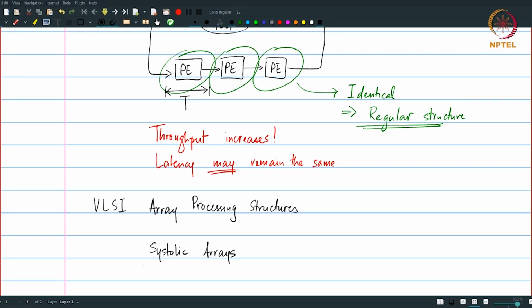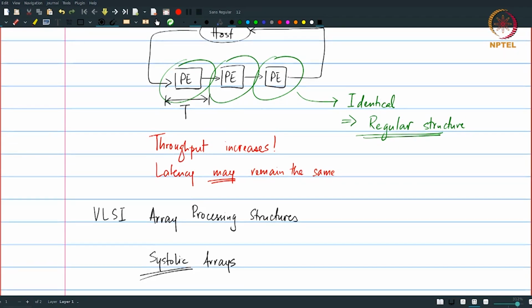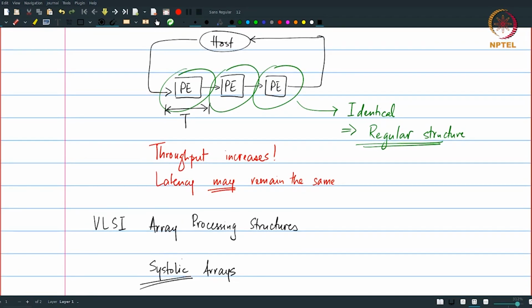Now, why the term systolic? This refers to the analogy with how the heart works. We essentially have a system in the heart where the heart has a regular pumping action. On every beat of the heart, a certain amount of blood is pumped into the circulatory system. In the same way, we can think of the host in our case as being the heart of the system.